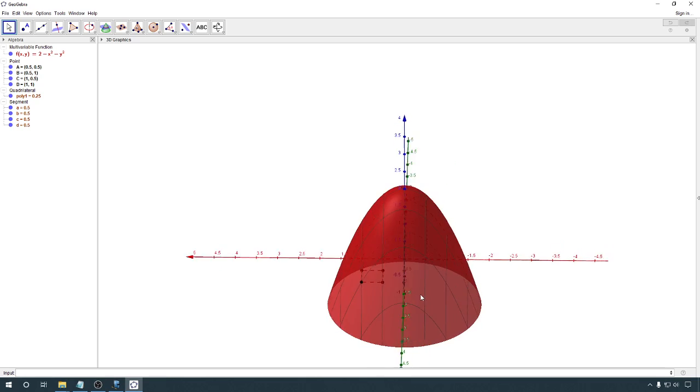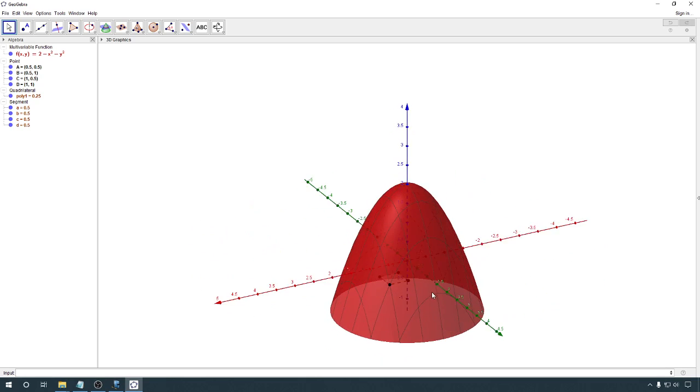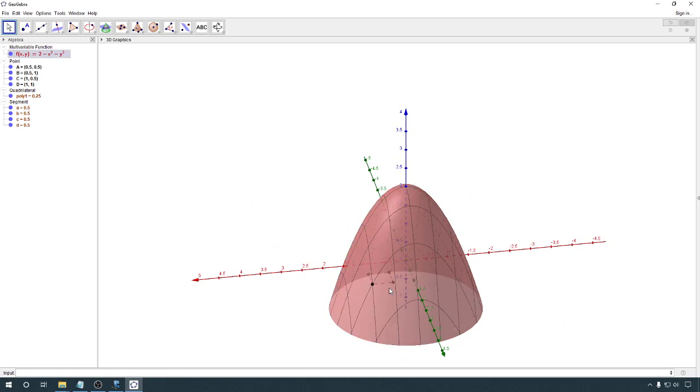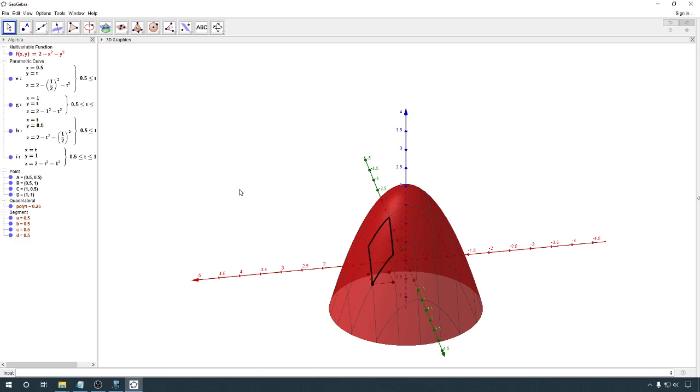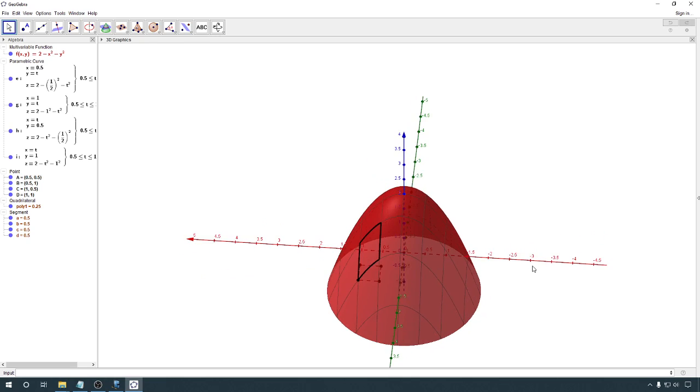We're trying to find the surface area over that. In fact, I'm going to essentially project that square onto the surface so we see exactly what part of the surface we're actually looking at. You might have been able to tell already from the grid lines that GeoGebra automatically puts in there, but now you can very easily see exactly what portion of the surface we're really looking at over this square.